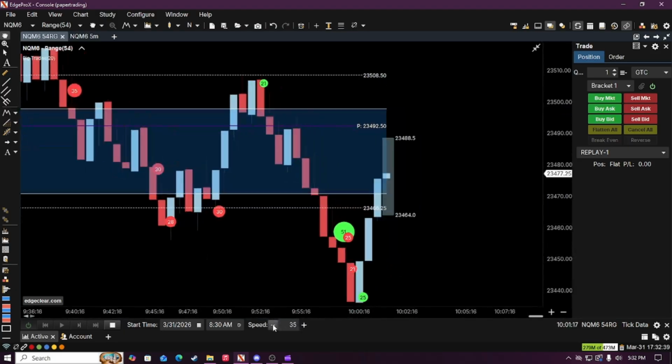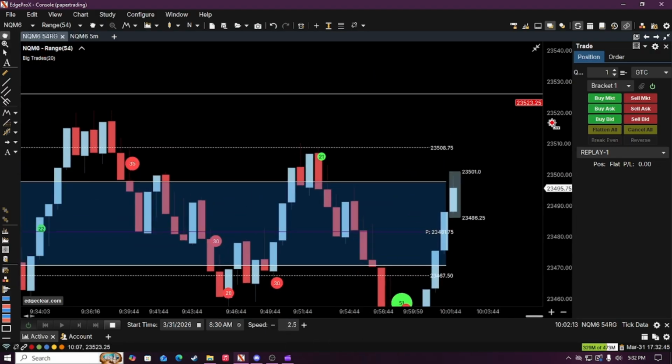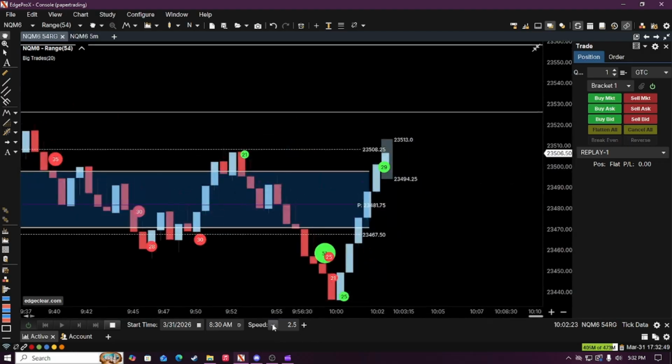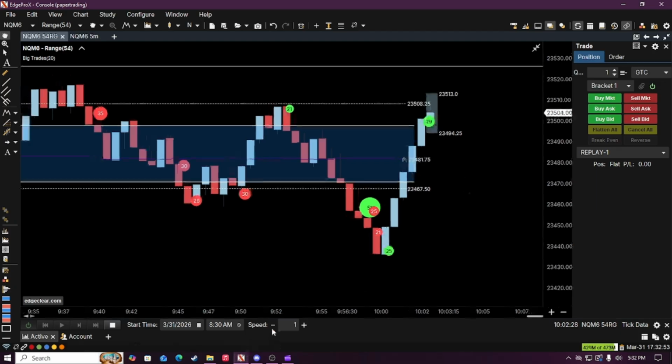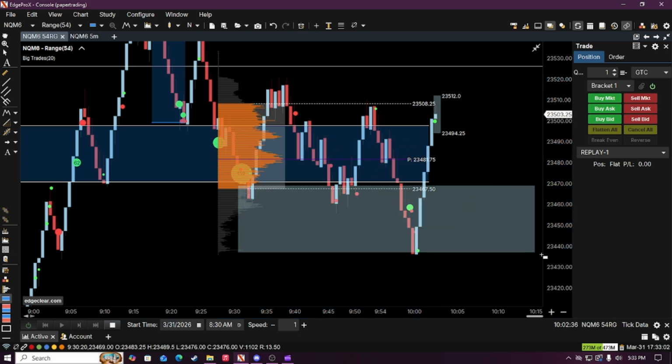And again, a lot of buying momentum. As you can see, we also have failed breakouts here, a lot of failed breakouts.